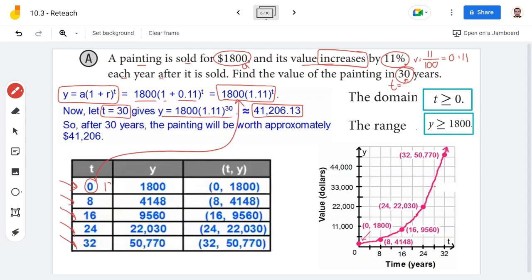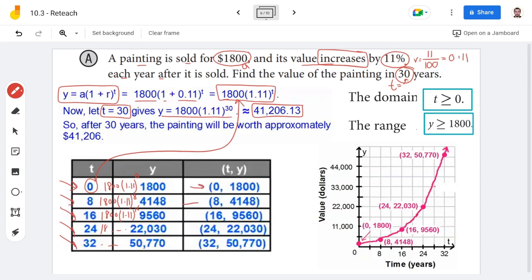So if I plug in, 1,800 times 1.11 to the power of 0. Then here, 1,800 times 1.11 to the power of 8. Then here, 1,800 times 1.11 to the power of 16. Then you can continue, you know that process.